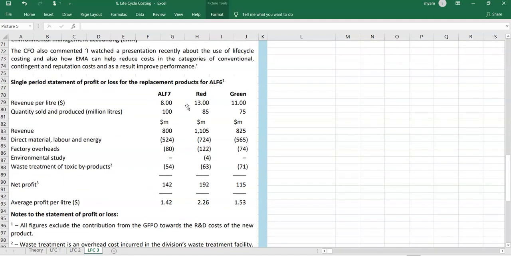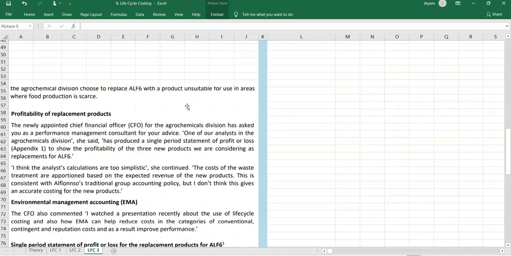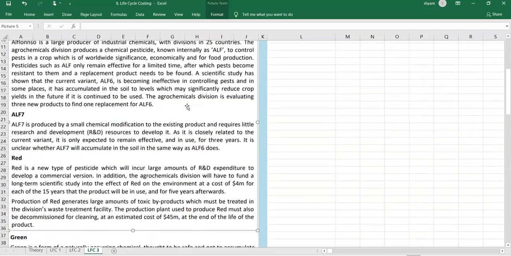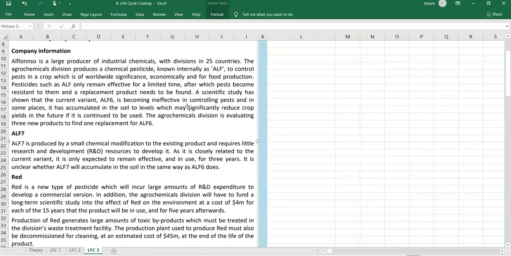So they have given us a numerical statement here, but we also want to have a theoretical discussion here. So this question is very lengthy.